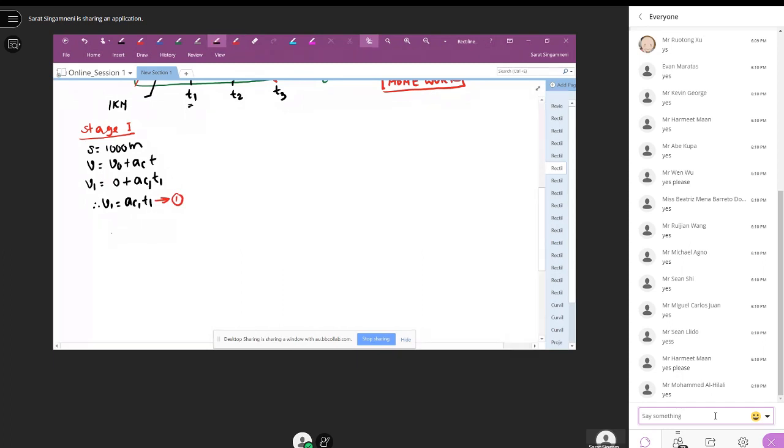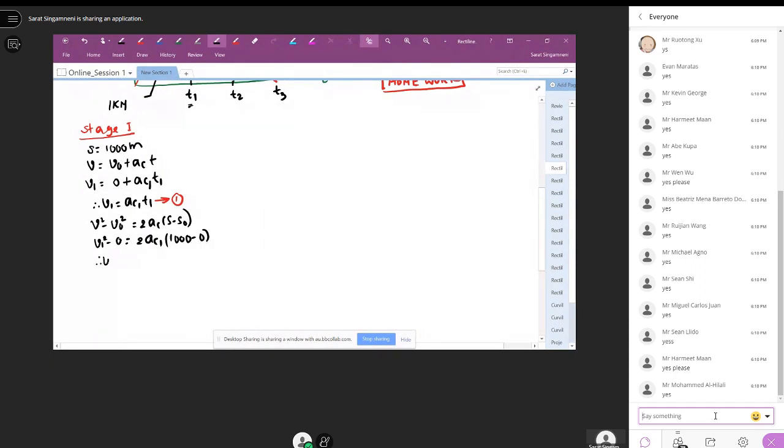A set of equations will result from this. V squared minus V0 square is 2AC times S minus S0. We can apply that. So V1 squared minus 0 is equal to 2AC1 times S, which is 1000 minus starting 0.